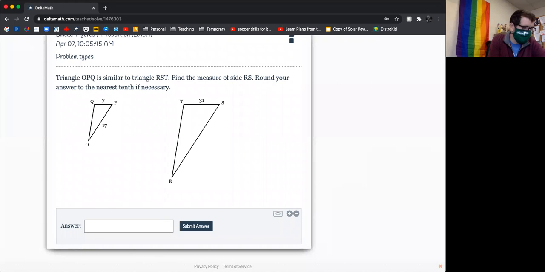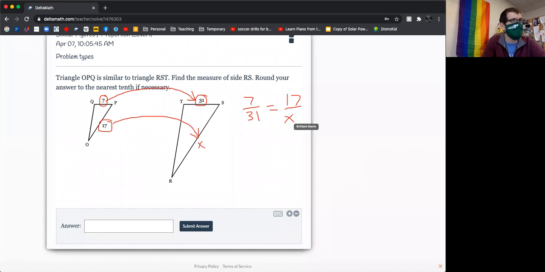So I can go from the short leg on this triangle to the short leg on the other triangle, and that would make it 7 over 31 equals, now the same pattern of correspondence would say take the longer leg of this triangle and correspond it to the longer leg of this triangle. So the same pattern of correspondence would make it 17 over x. And there's a proportion. Now, I'm not going to solve this just yet.